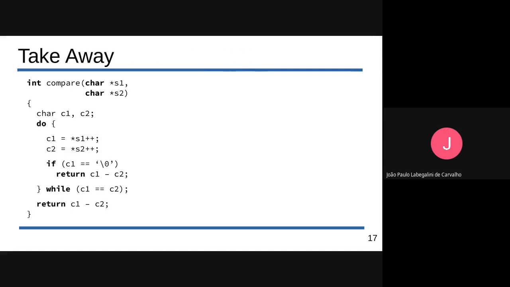So the main takeaway of this presentation is that we proposed a very simple mechanism to annotate variables that don't need any synchronization. Take this example, for instance.